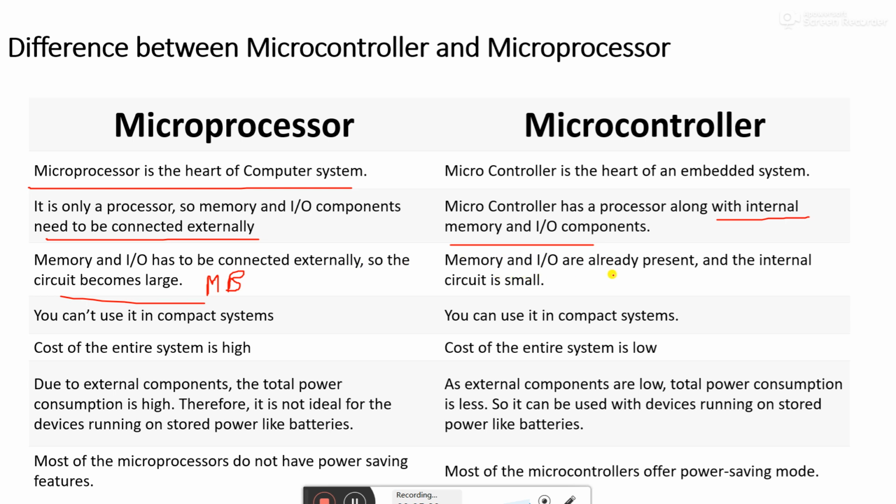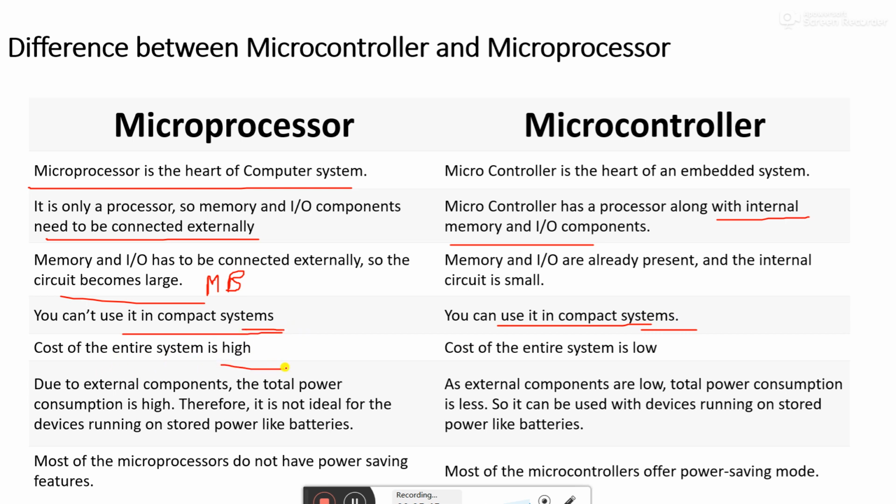In a microcontroller there is a simple input output system and it is very small. So we cannot use a microprocessor in a compact system, while for a compact system we can easily use the microcontroller. For example, you can use it in a wristwatch or smartwatch, but we cannot use a microprocessor for a smartwatch.